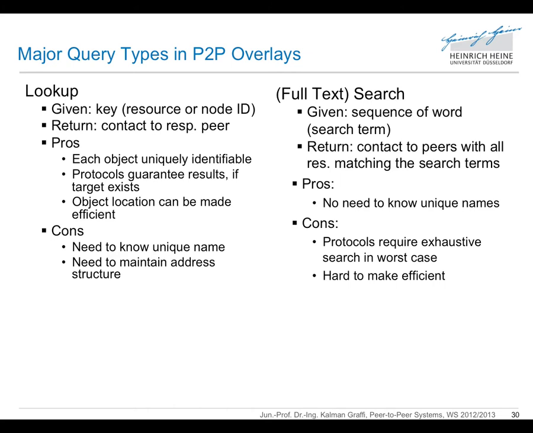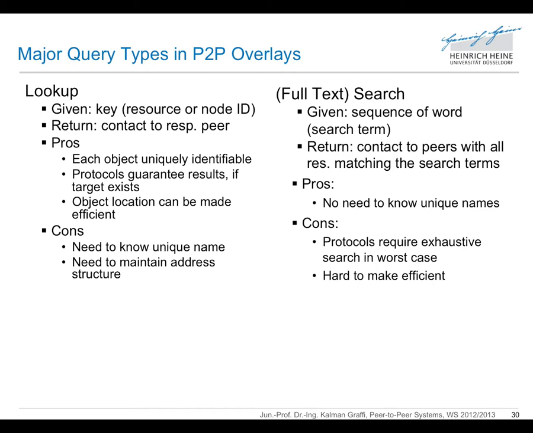The full text search, the other one, is this Justin Bieber example. So you define a sequence of words that define your search term, like Justin Bieber MP3 and I don't know what. Or in our case, University, Paderborn, student, and you send out the search, and then you get a list of all students probably being members of the University of Paderborn.